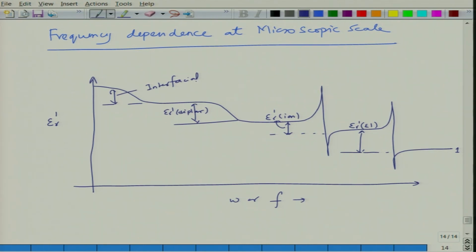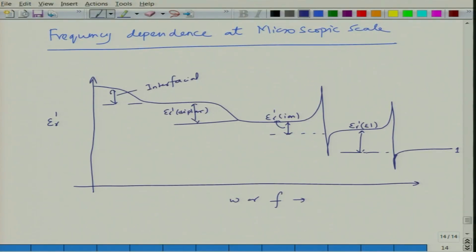Now, we see some interesting features here. At high frequencies, when you transition from 1 to epsilon r electronic, there is a resonance kind of peak. What is the reason for this resonance? Similarly, as you transition from electronic to ionic, you again see a similar resonance kind of peak. These are peaks also encountered in mechanical oscillators.